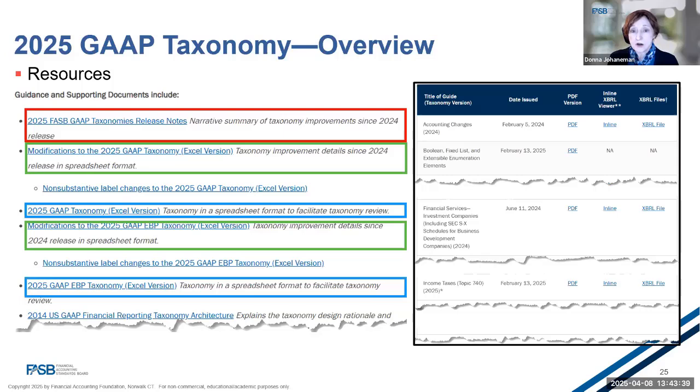In the green boxes are Excel files that contain only changes for that version of the taxonomy, in this case, 2025. The blue boxes are Excel files of the entire taxonomy and provide the ability to use Excel tools such as filtering and find functions to assist with using the taxonomy for those that may prefer that format.